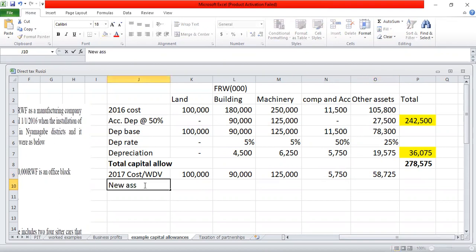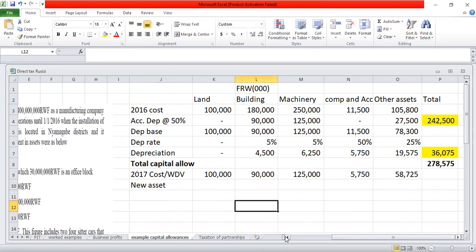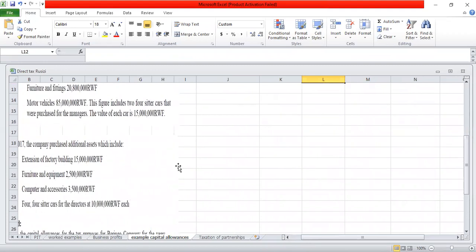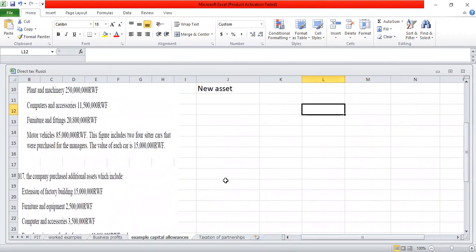The new asset in 2017, we have extension of building 15.